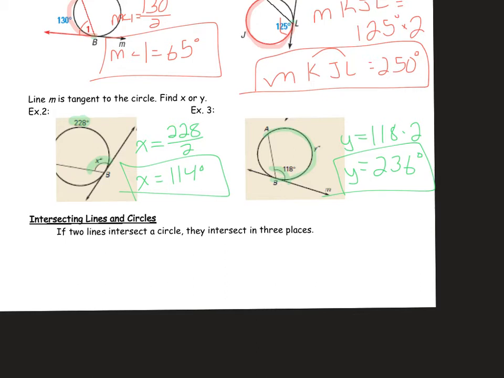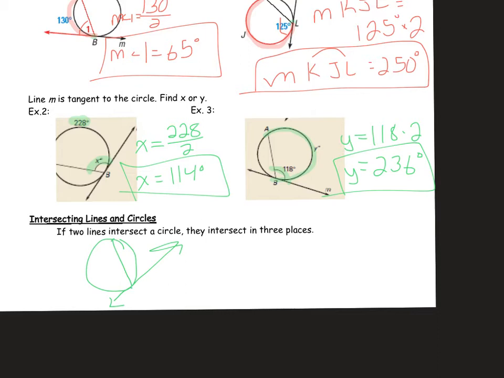So when you have tangents and chords and things intersecting, there are 3 different spots that they could be intersecting. Example number 1, if we have a circle, we've got a tangent, and we've got a chord.